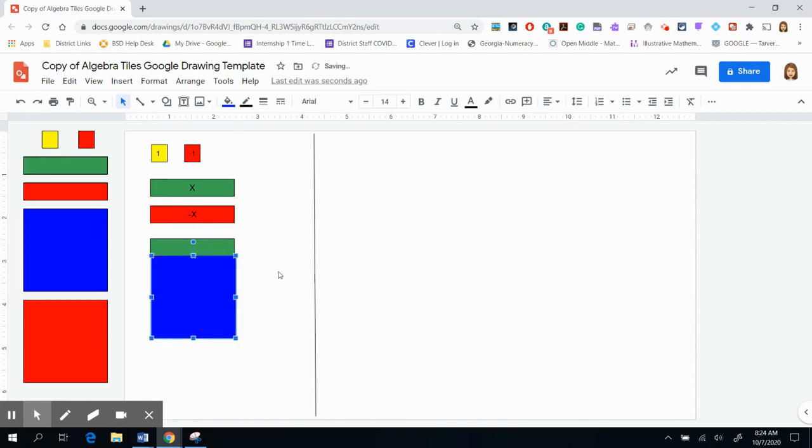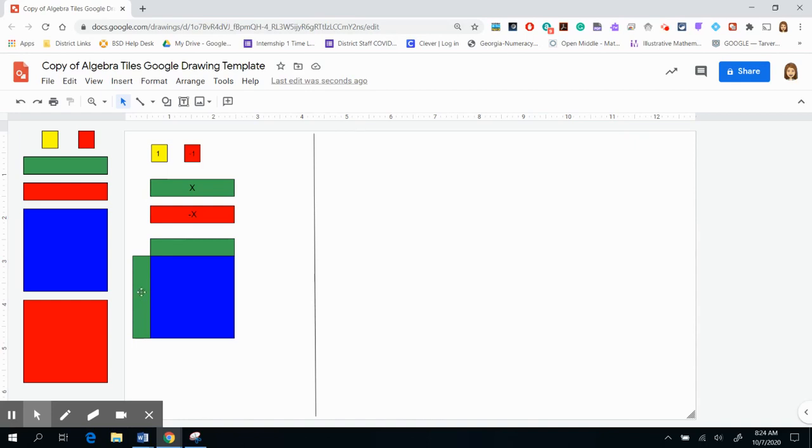But I still think we're onto something with the idea of the x value. Let's do some rotating here. We're going to bring down another green rectangle, another x. I'm going to set those up here. Now this reminds me of an area model that we used to use for multiplication. I've seen that a lot in our 5th grade classrooms.